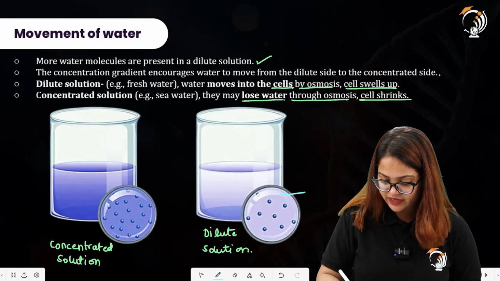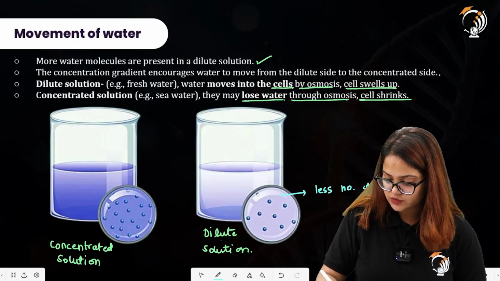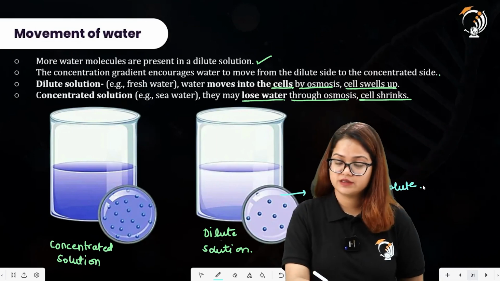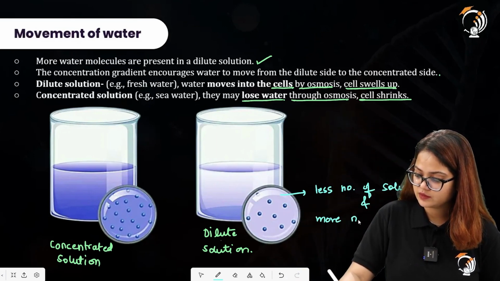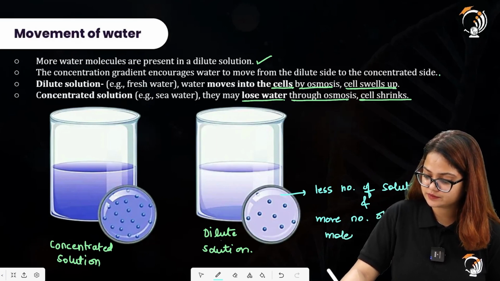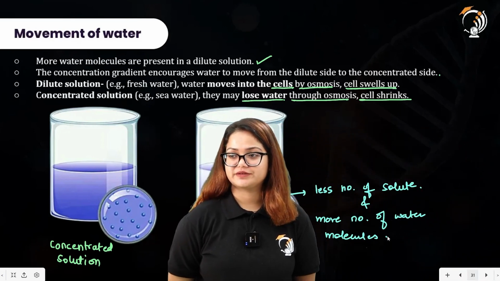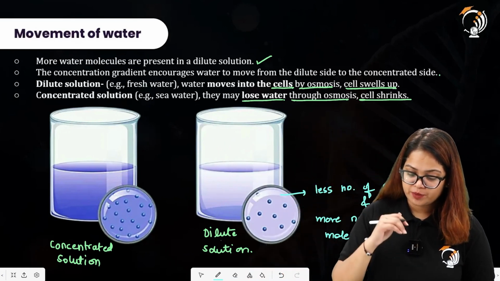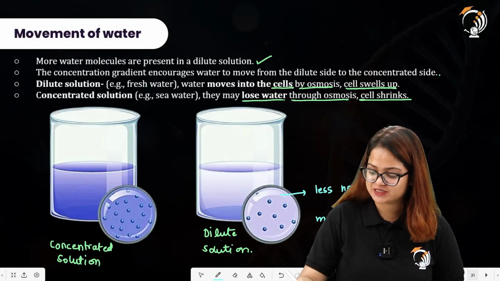That here we have fewer solutes and more water molecules. Alright, so more water molecules will be there. And on the concentrated solution side, it has more solute and fewer water molecules.